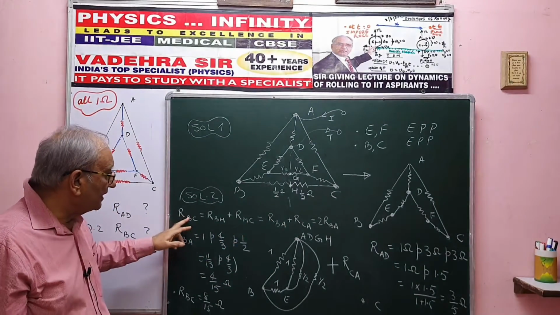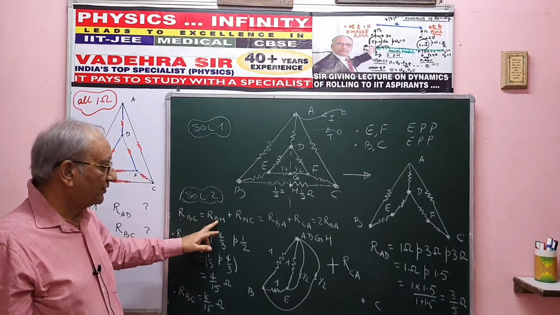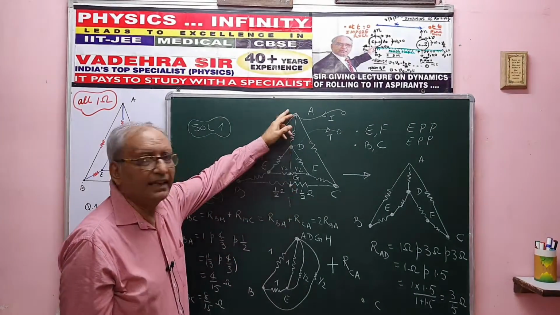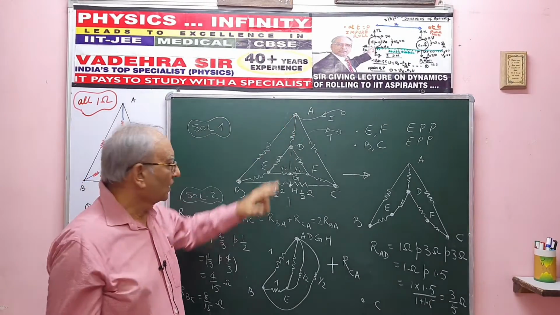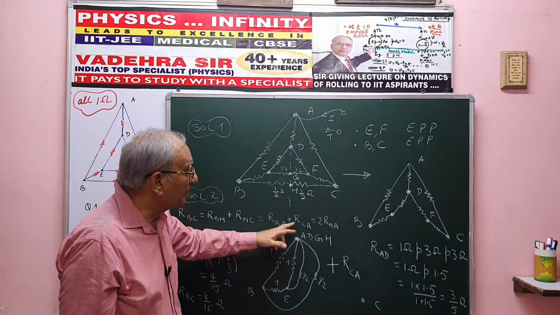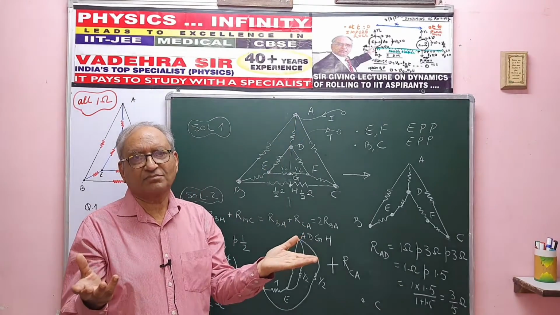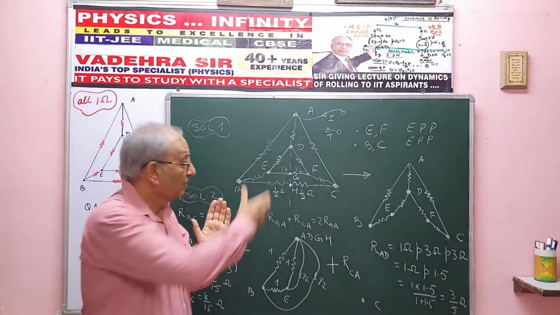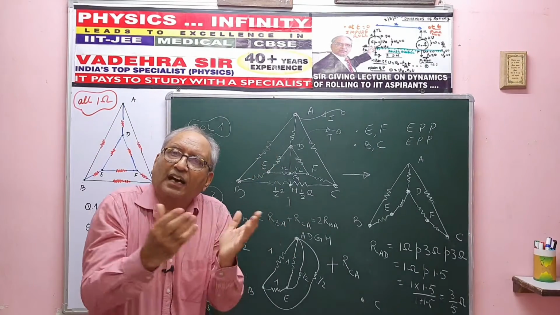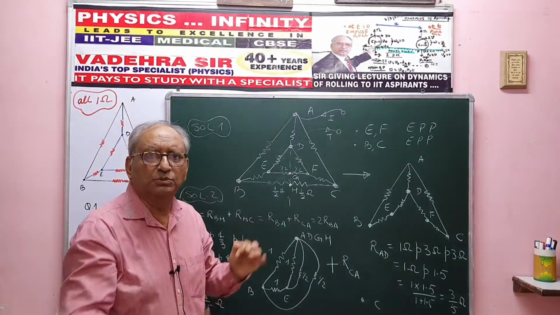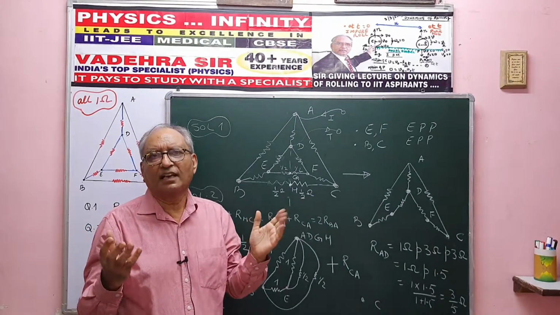But RBH is same as RBA, because H and A are same points. So this is RBA plus RCA. RBA and RCA, as the symmetry shows, are equal. So I just calculate RBA, then I'll multiply by 2. I get the answer RBC.